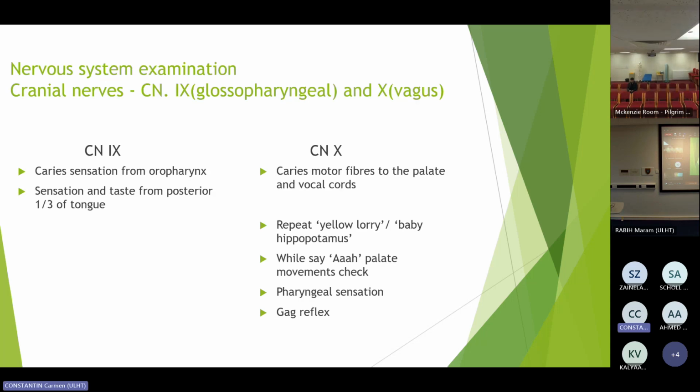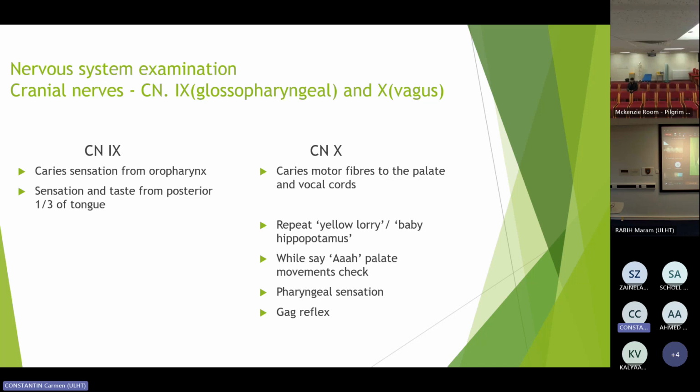And the glossopharyngeal and the vagus. I don't want to insist on this, but the vagus should be checked by asking the patient to repeat certain words like yellow lorry, also while saying a long ah, to make sure that we are checking on palate movement, to make sure that the palate is centrally aligned and is not deviated to either side.